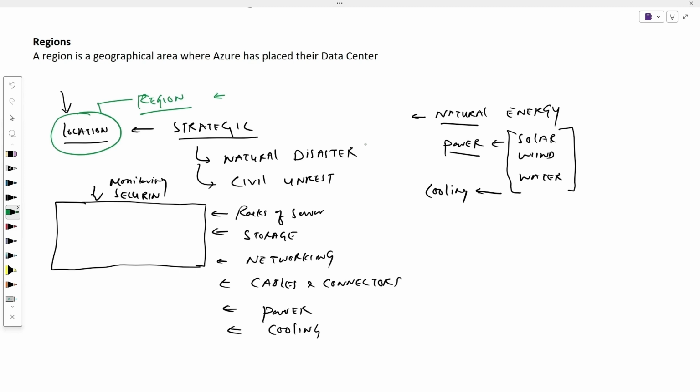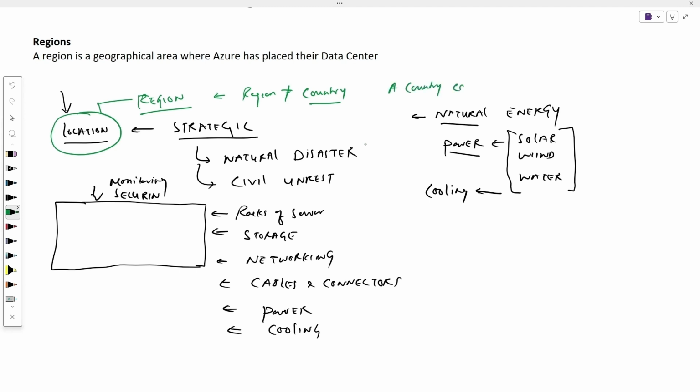Similarly, in India also we have three regions: Central India, West India, and South India. You should not assume that a region is limited to a country. A country might have a single region, or it might have multiple regions based on the geopolitical area. So, region is not equal to country.